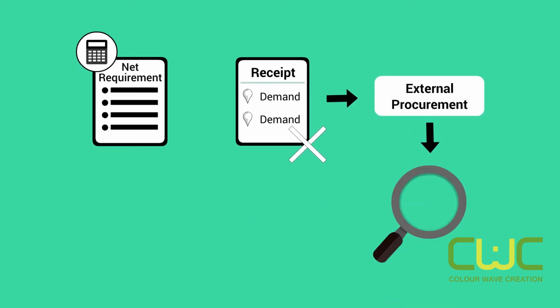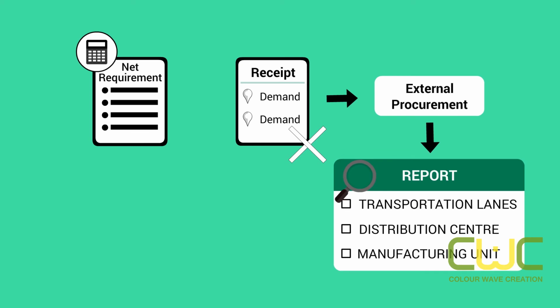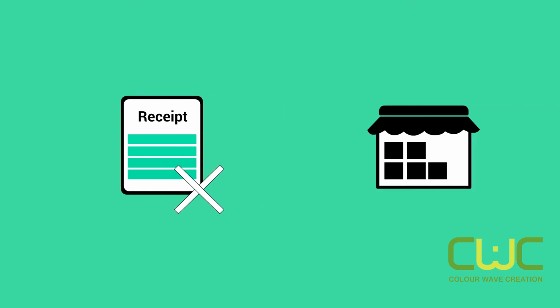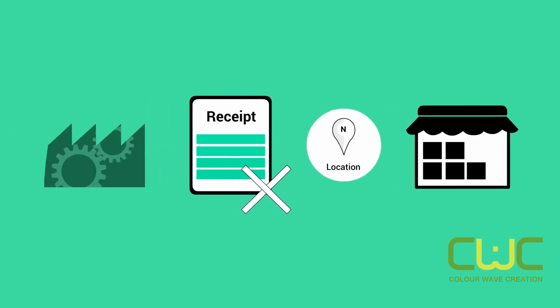The system analyzes the possible transportation lanes and arrives at the distribution center or plant. As there are no receipt elements at the distribution center either, the heuristic runs a check using the possible transportation lanes and arrives at the plant.